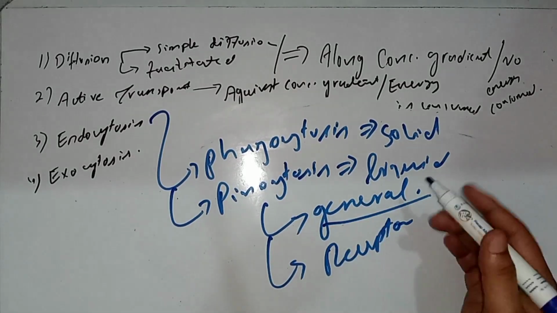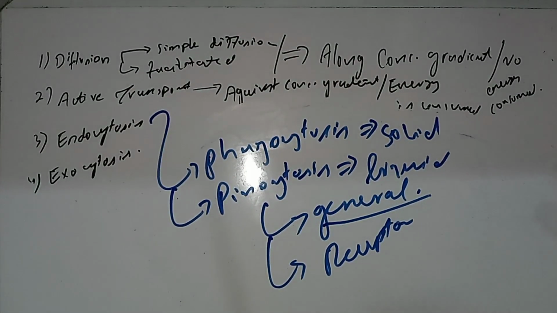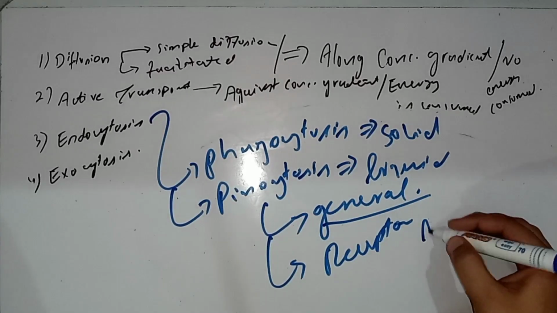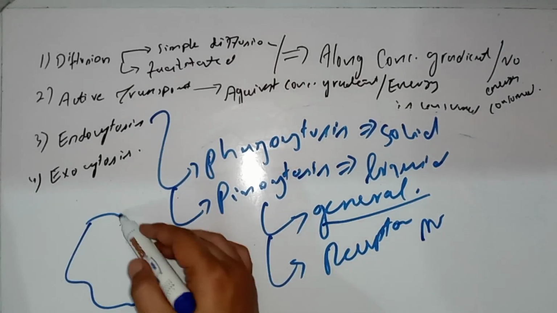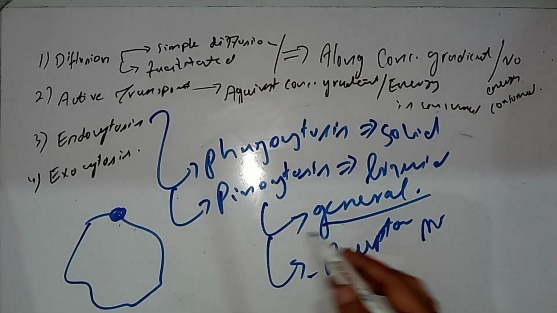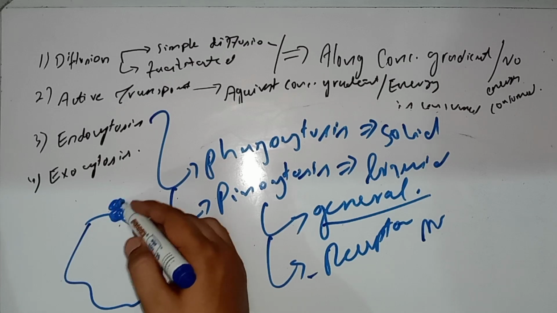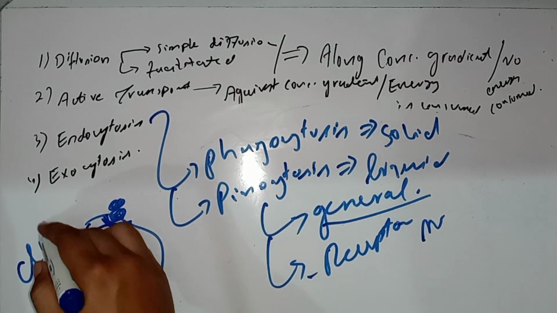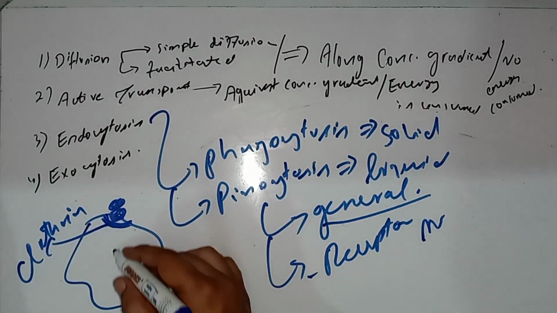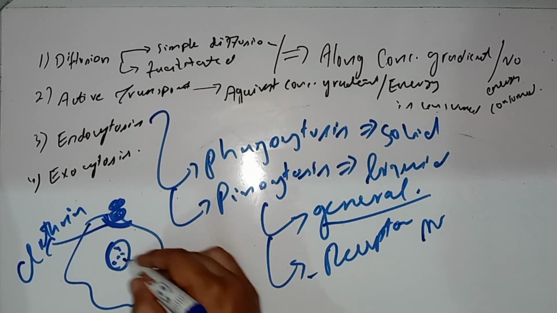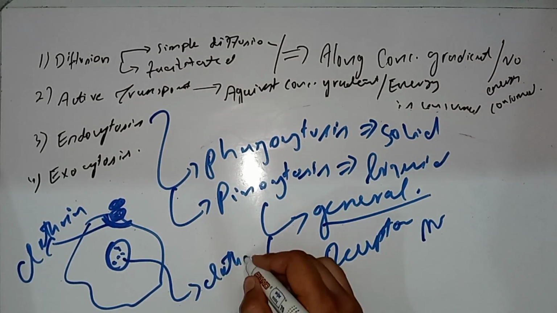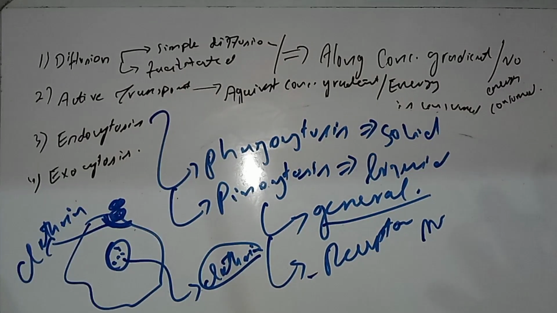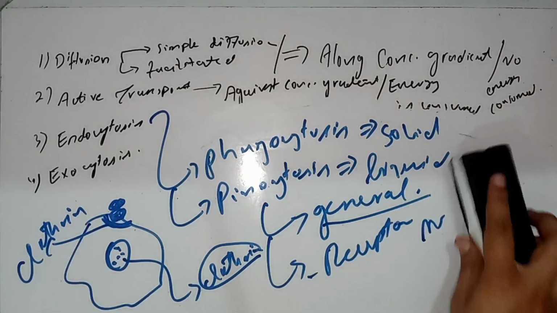In general pinocytosis, the cell puts pseudopods around the material and eats it up, while in receptor mediated pinocytosis the cell has certain receptors, and the substance which is going to be pinocytosed interacts with the receptor, and the receptor is internally coated by a protein called clathrin. This protein pinches and forms a clathrin coated vesicle, which happens in receptor mediated or specific pinocytosis. So this is an overview of the different kinds of transport which occur across the cellular membranes.